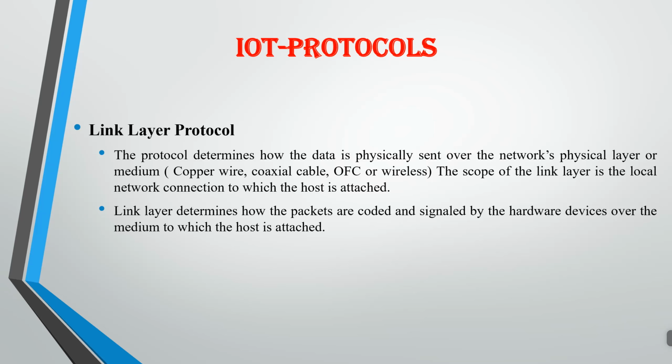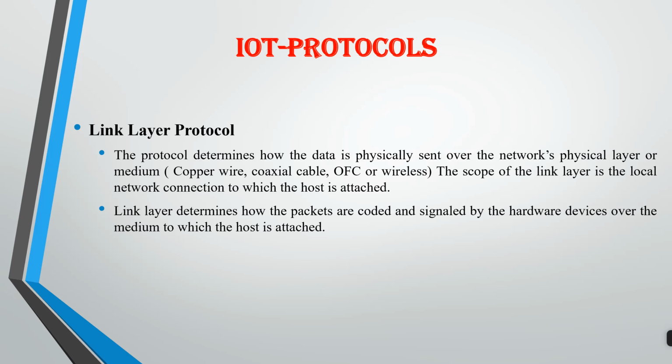So the scope of this layer, the link layer, is the local network connection to which the host is attached. Basically, the concept of IoT communication is to attach these devices to the link layer of the local network connection. So whatever network we are using, on the same network connection we need to connect the interface which in turn connects the IoT devices.